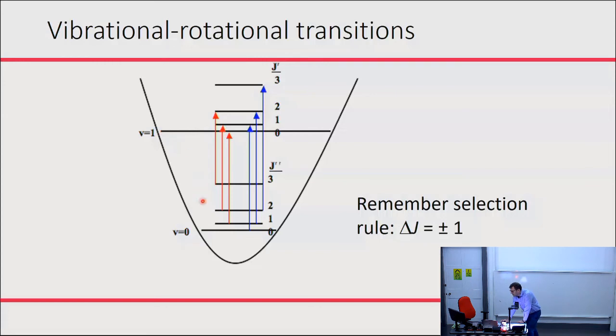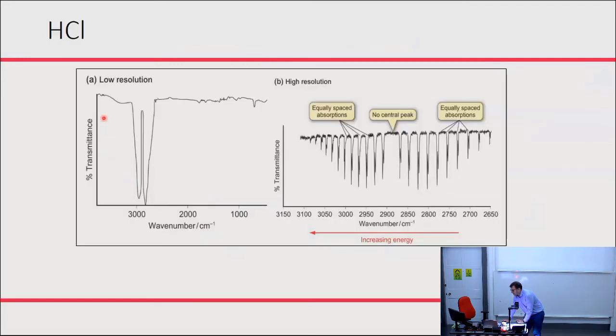But of course v equals 0 itself has a set of rotational states, and v equals 1 has a set of rotational states. So for a state to move from one state to another, there's a whole load of possibilities, and they all differ in very small amounts of energy by 2B, because of rotational spectroscopy. So instead of just seeing one transition for vibrational spectroscopy, they tend to be a little bit broader.